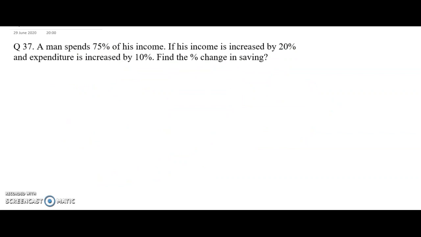Question number 37. A man spends 75% of his income. If his income is increased by 20% and expenditure is increased by 10%, find the percentage change in saving. The man spends 75% of his income. 75% in fraction we can write as 3 by 4. So if 4 is our income, 3 is our expenditure.